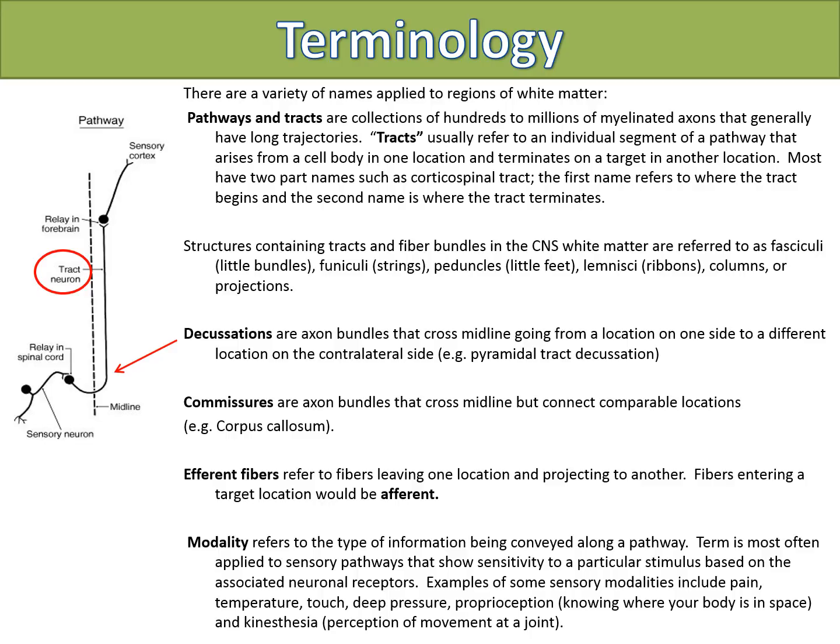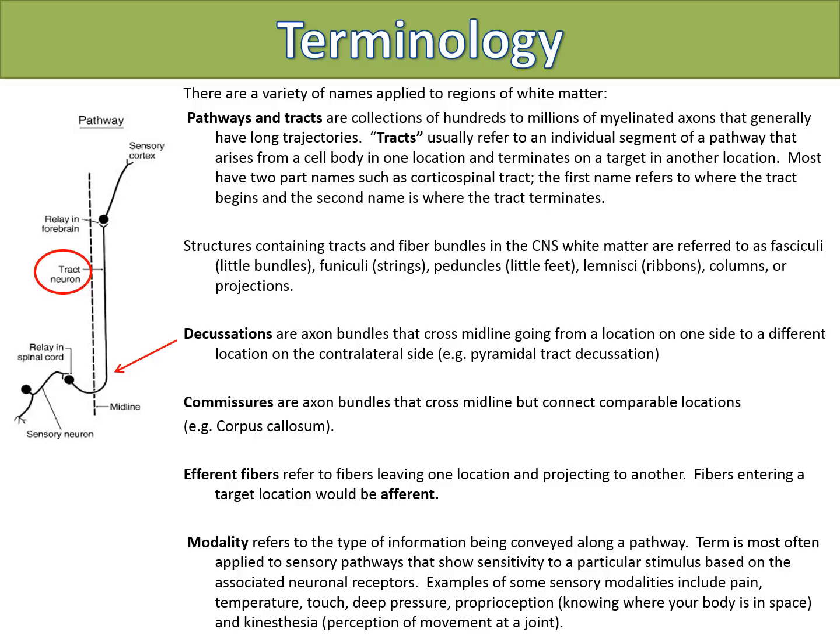Usually the name identifies where the cell body of origin is and where the destination is, so the corticospinal tract carries neurons that originate in the cortex and end up in the spinal cord.